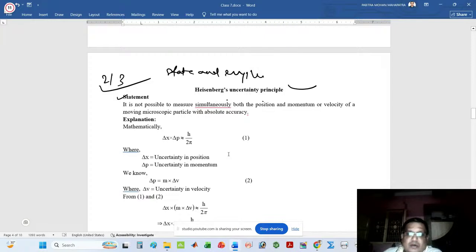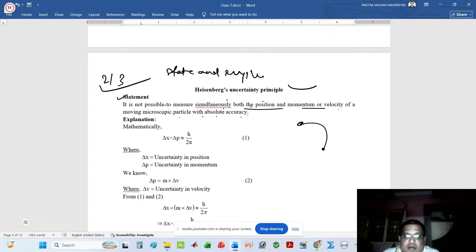According to Heisenberg uncertainty principle, it is not possible to measure simultaneously both the position and momentum or velocity of a moving microscopic particle with absolute accuracy. Suppose this is a microscopic particle.